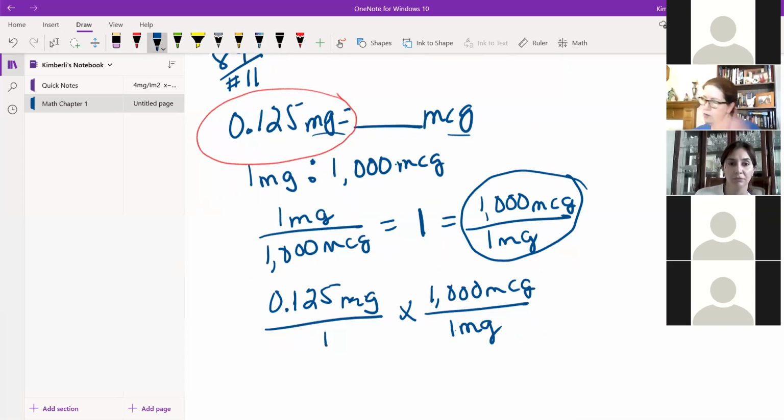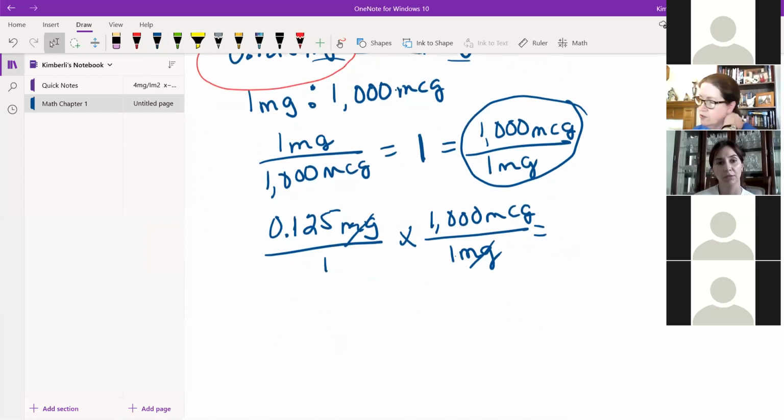And just like where you have 1 over 1 equaling 1, I can have milligrams over milligrams and they will cancel each other out. Okay, so 0.125 times 1,000, I'm going to move the decimal point 3 places, and I have 125 micrograms.